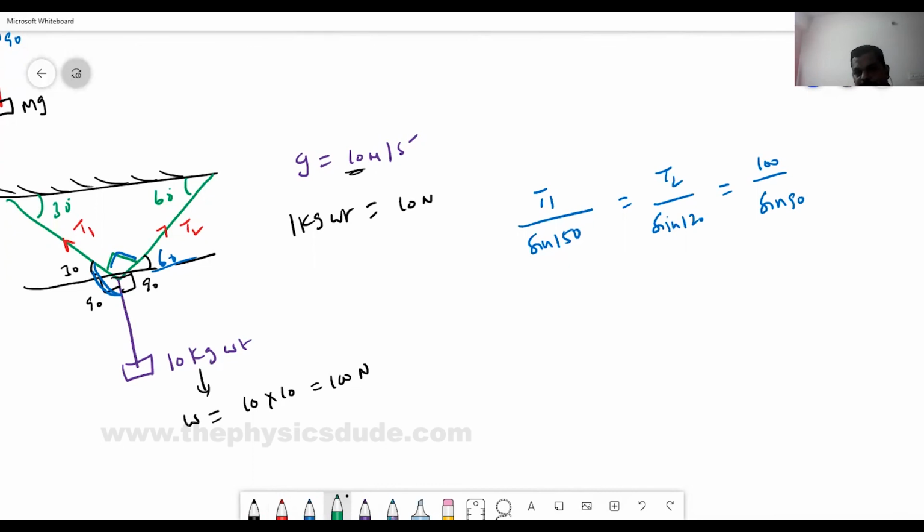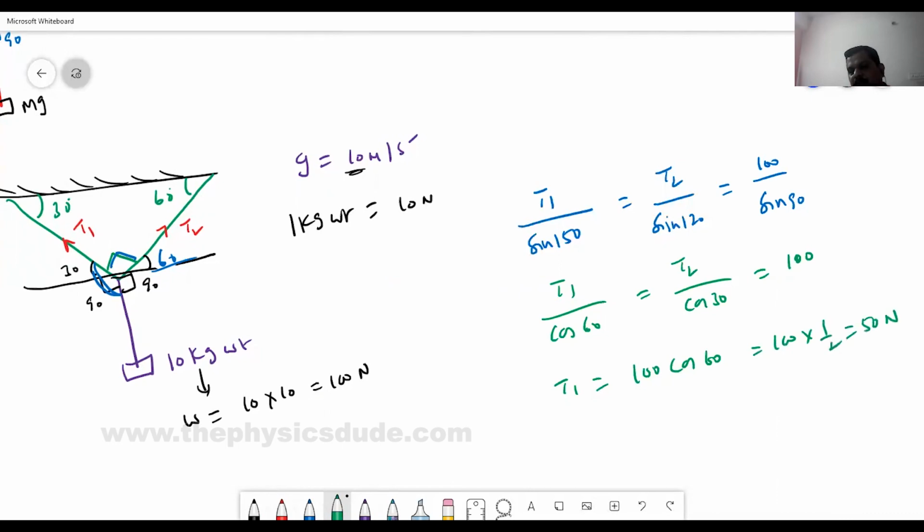So T1 upon sine 150, which is cos 60, by T2 upon sine 120, which is cos 30, is simply 100 because sine 90 is 1. So T1 is 100 cos 60, 100 times 1 by 2, nothing but 50 newton. Similarly T2 is 100 cos 30, 100 times root 3 by 2, nothing but 50 root 3 newton.